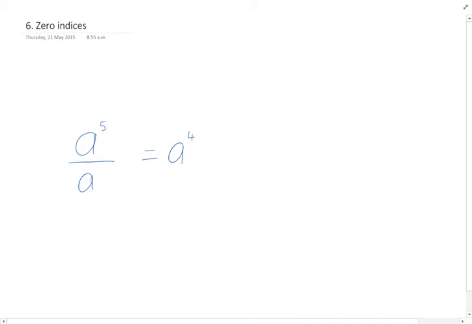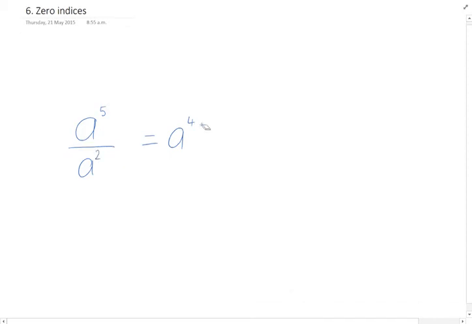If we had a to the power of 2, we'd get a to the power of 3. If on the bottom we had a to the power of 3, that would simplify to a to the power of 2. I'm just subtracting my indices here. If we made that 4, we'd end up with a to the power of 1.